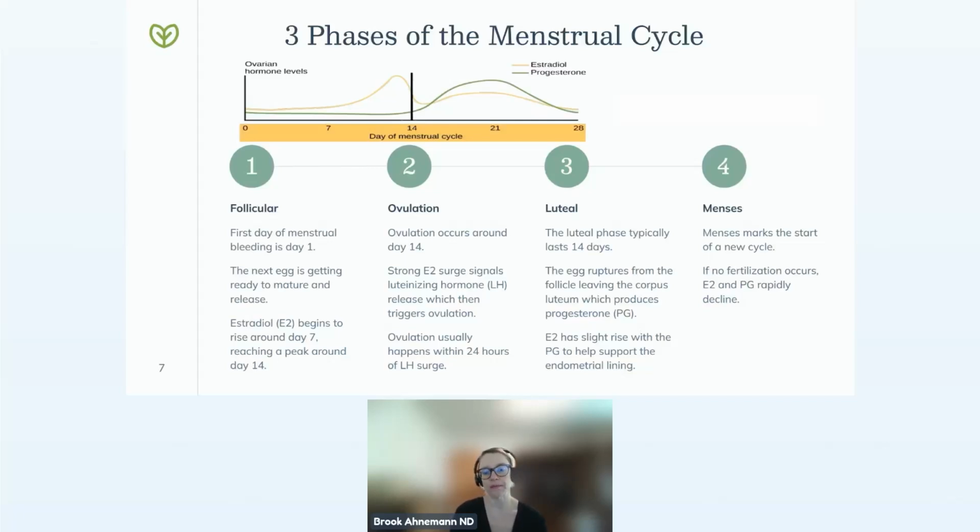If no pregnancy happens, then we see a decrease in progesterone and estrogen, and this causes an increase in prostaglandin levels that cause uterine contractions and, in turn, the uterine lining to shed. This then leads to the menses and the start of the next cycle.